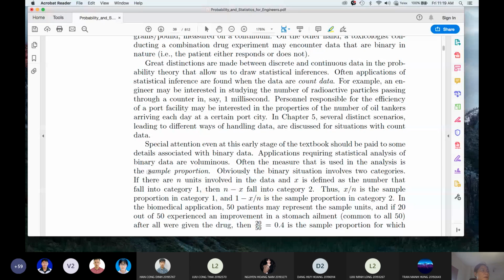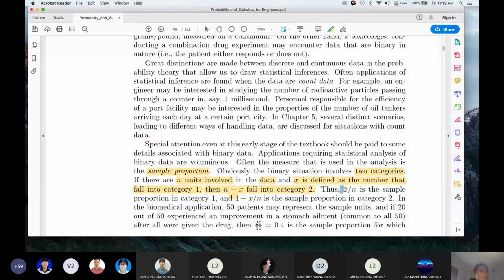And we have a new definition, the concept of the sample proportion. When we consider data with n units, it is defined as the number that fall into category 1, where the data have two categories, and n minus that number fall into category 2.